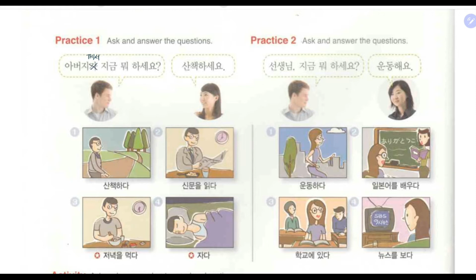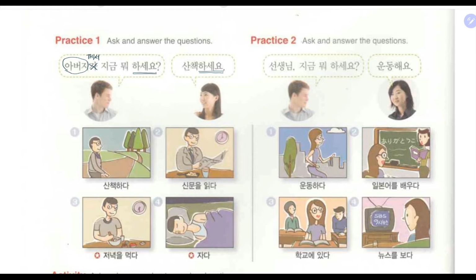And she says 산책하세요. 자, in this case, they both used honorific form. Why? Because they're talking about someone else, 아버지, and he needs respect, isn't it? So he has to show respect to the father, and she also has to respect her own father. 그래서 they both used honorific form.